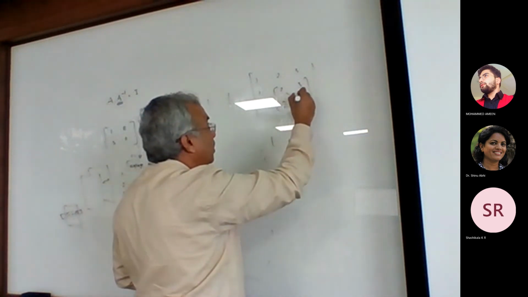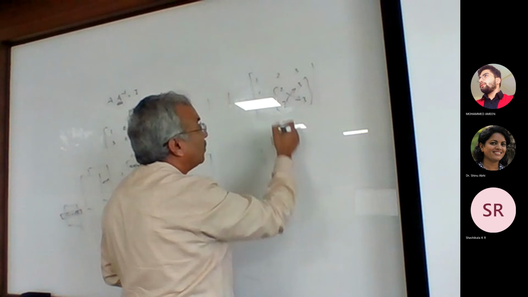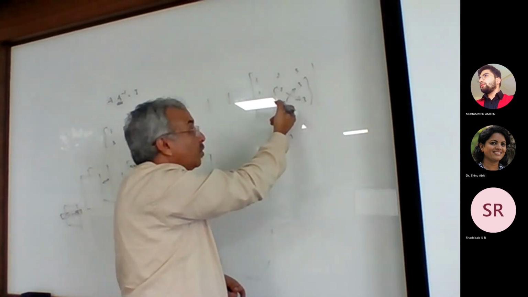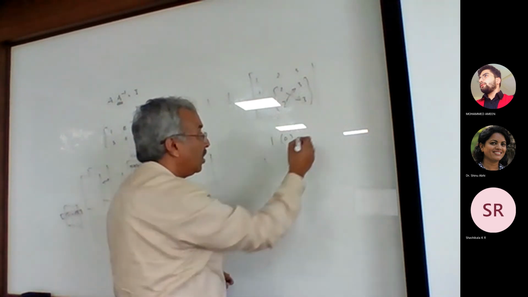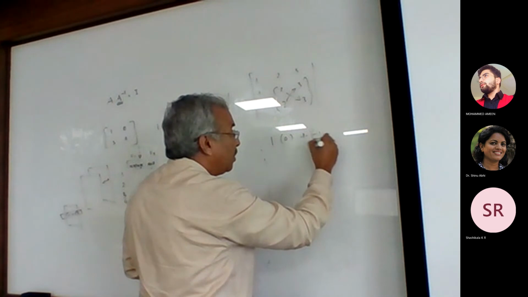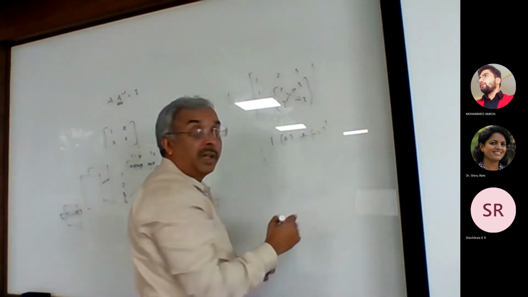Right, so this into this minus this into this, right? 1 into 0. Isn't it? Right, 2 into 3 minus 2 into 3 is 0 plus, right, minus 1 to the power of 1, right? 2 minus 1.